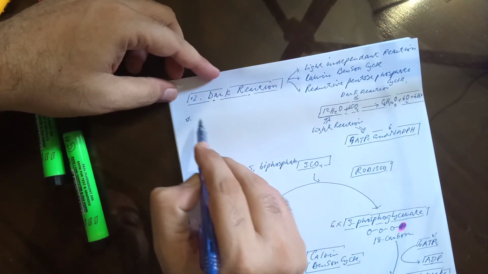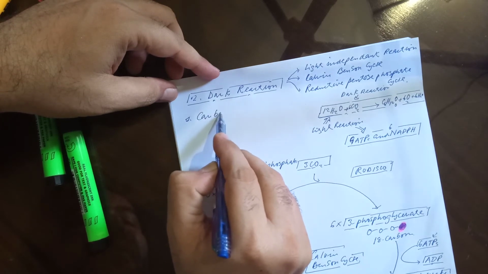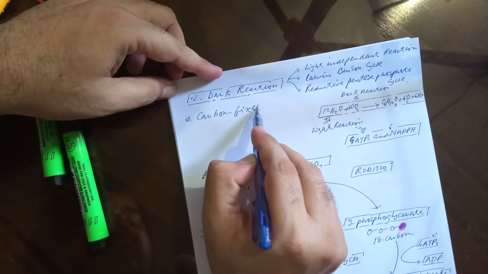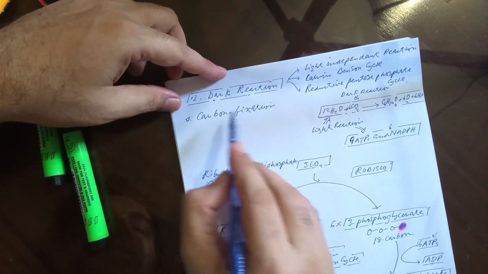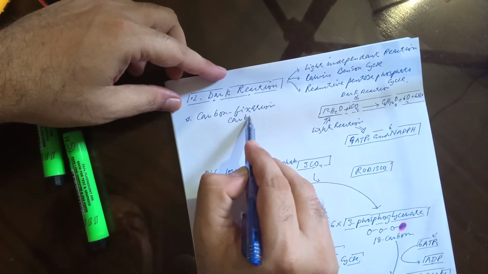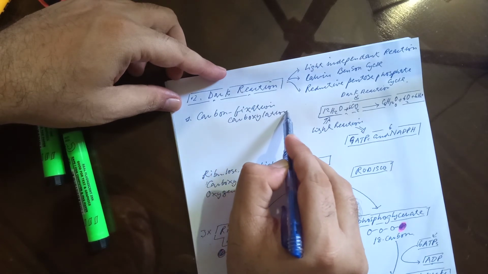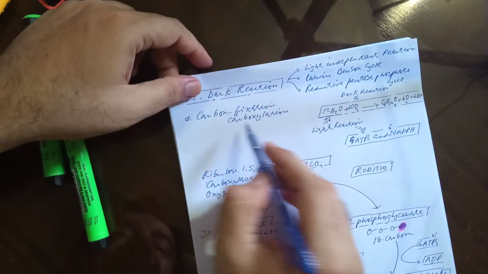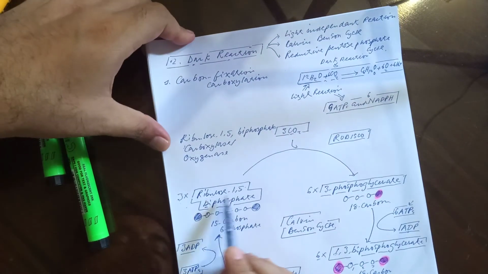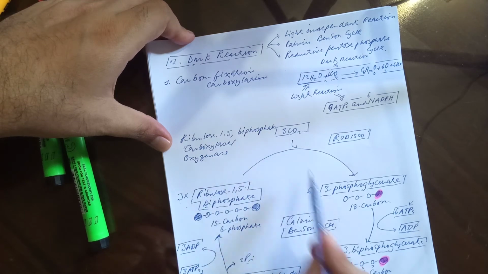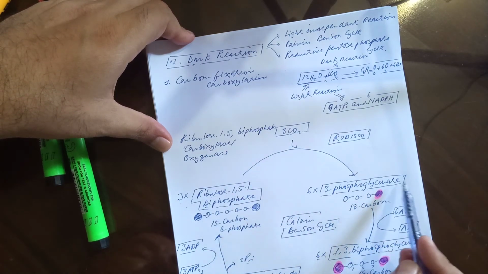The first one was carbon fixation. A lot of people call it carboxylation. I don't mind that. Carboxylation. The step number 1. What is that step, sir? The step where ribulose 1,5 biphosphate got mixed with 3 carbon dioxide and produced 3-phosphoglycerate.